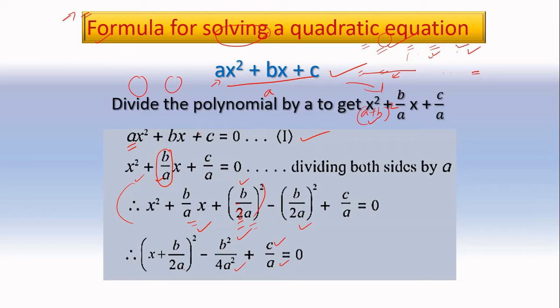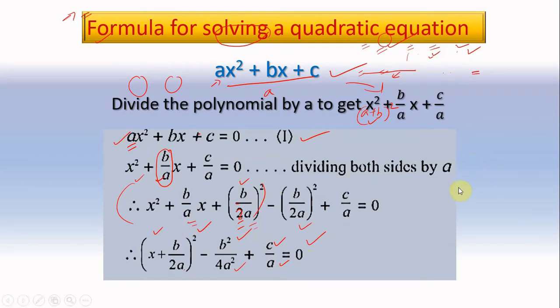I will be giving the link of the previous video below so that you can recollect it by going there, or you can go to your textbook and go through it so that you recollect the methods or techniques used there. So we reach the level that x plus b upon 2a whole square minus b square upon 4a square plus c upon a is equal to 0, right from this simple standard form.